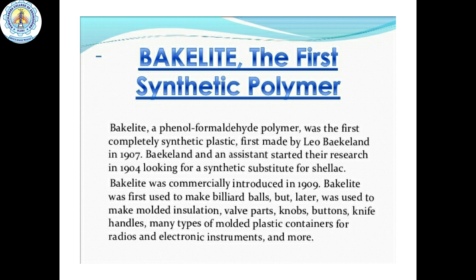Bakelite was commercially introduced in 1909. Bakelite was first used to make billiard balls, but later it was used to make molded insulation, valve parts, knobs, buttons, knife handles, many types of molded plastic containers for radios and electronic instruments, etc.